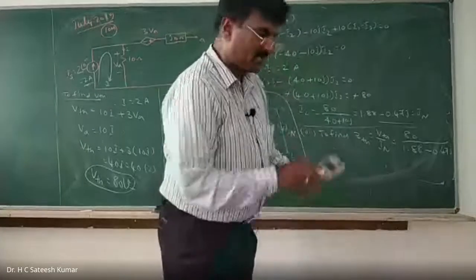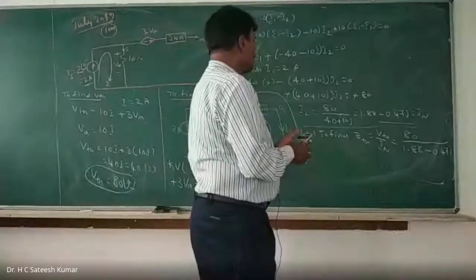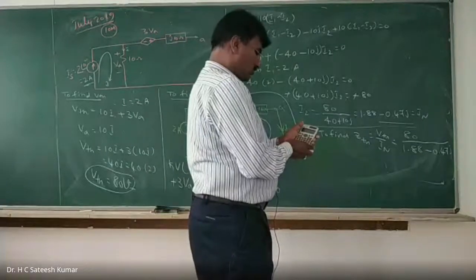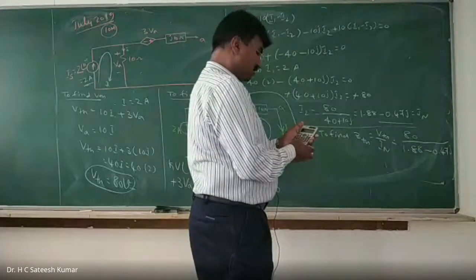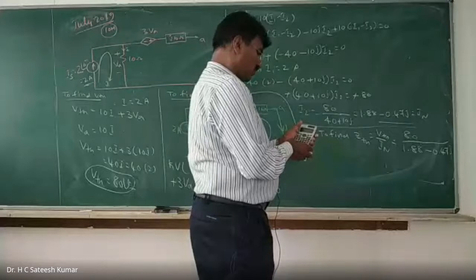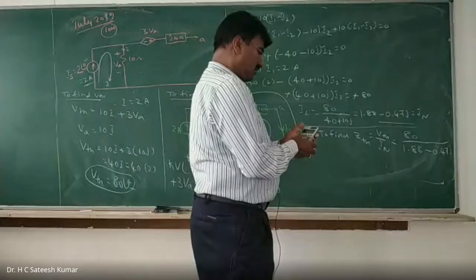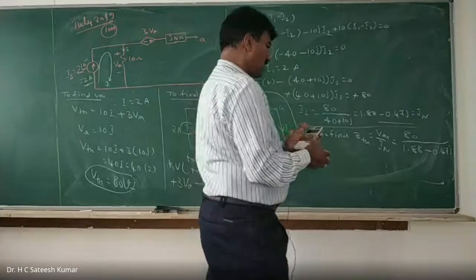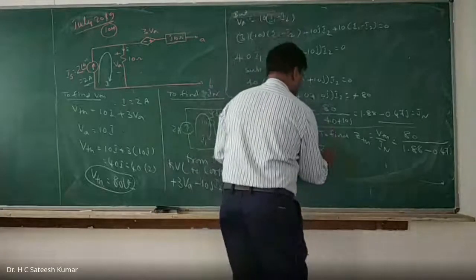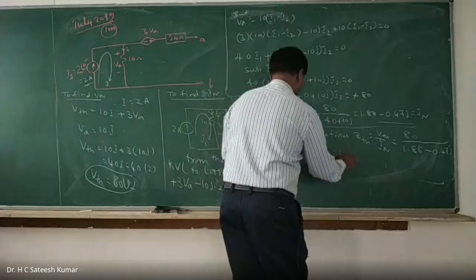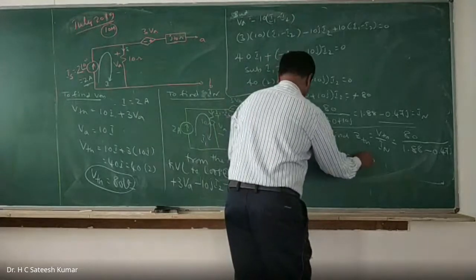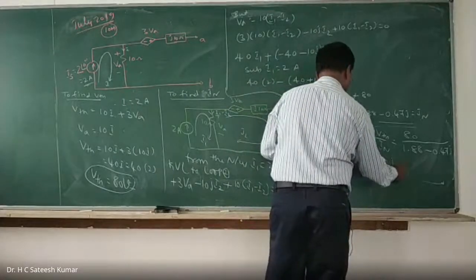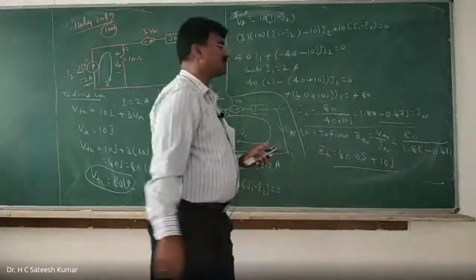So what do we have? 80 divided by bracket 1.88 minus 0.47i, close the bracket, equals 40.05. ZTH is equal to 40.05 plus 10j. You will get 40 plus 10j, that is ZTH.